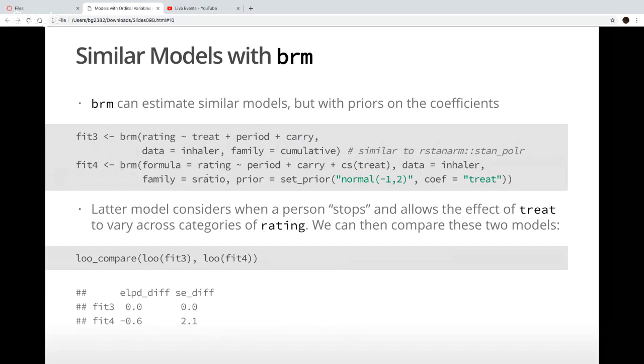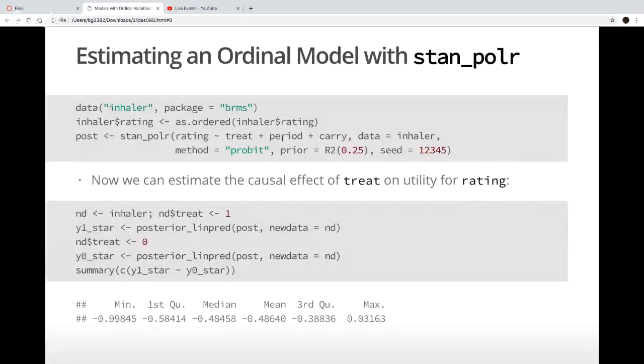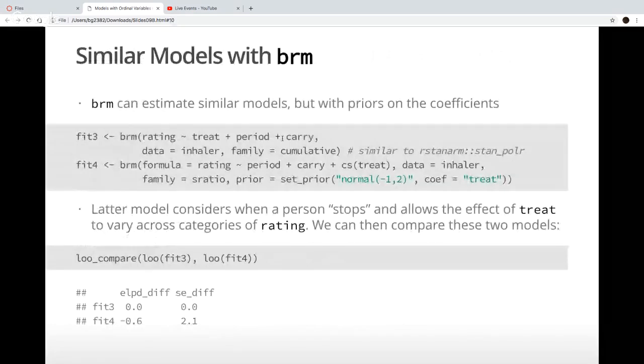fit3. Estimate another model, which, so all these coefficients, both in this and in the ARM example, are assumed to have the same coefficient across all categories.